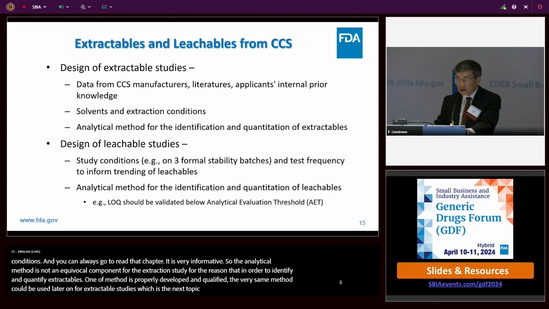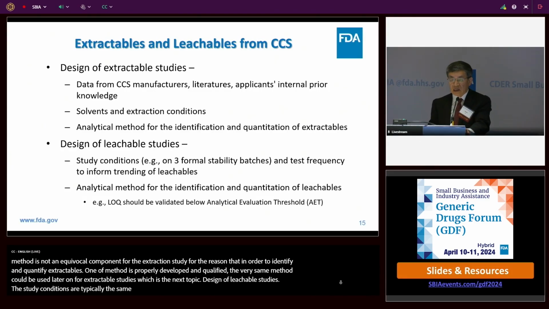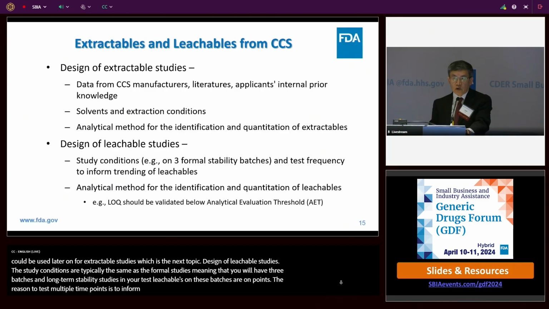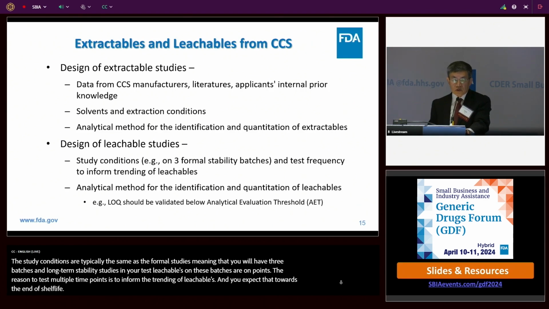The study conditions are typically the same as the formal stability studies, meaning that you will put 3 batches on accelerated and long-term stability studies, and you'll test leachables on these 3 batches at multiple time points. And the reason to test multiple time points is to inform the trending of leachables. And you expect that towards the end of shelf life, the level of leachables will level off.